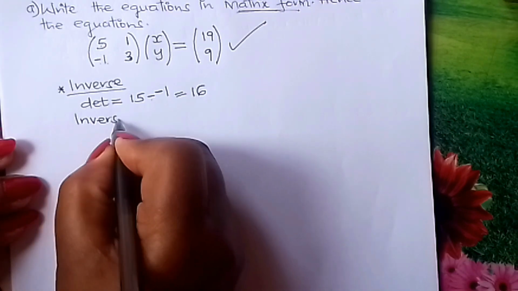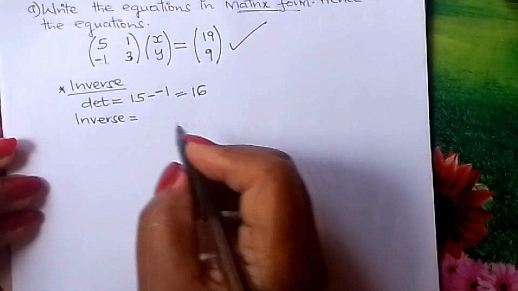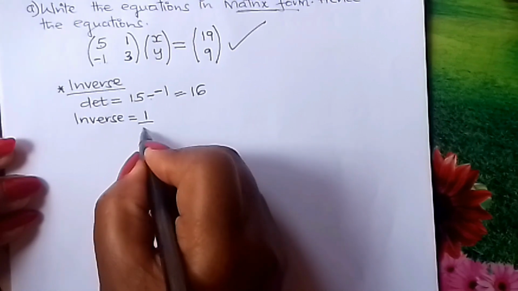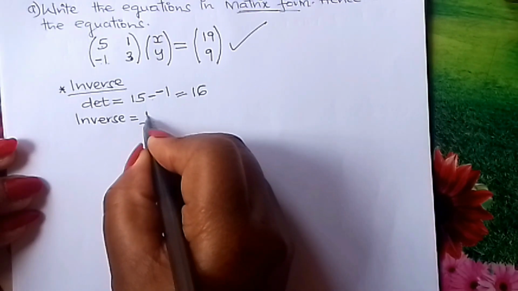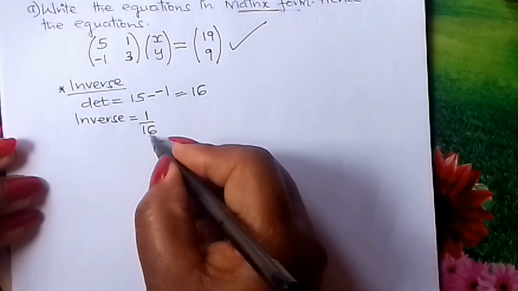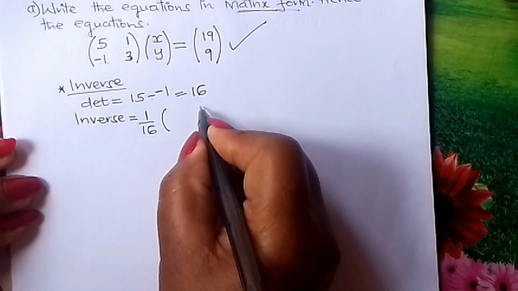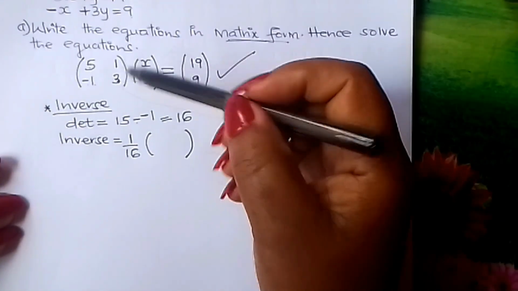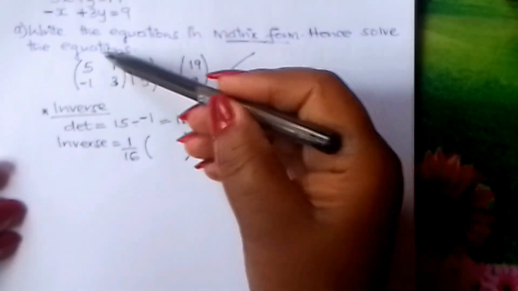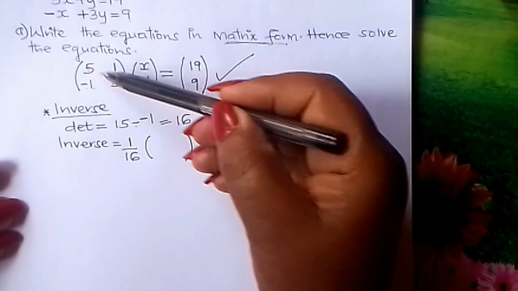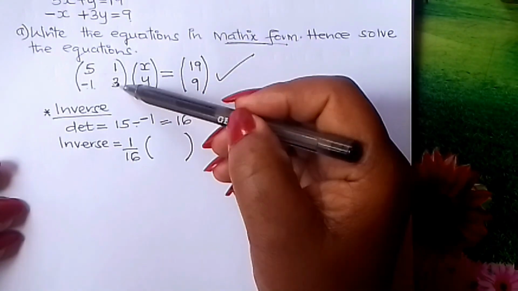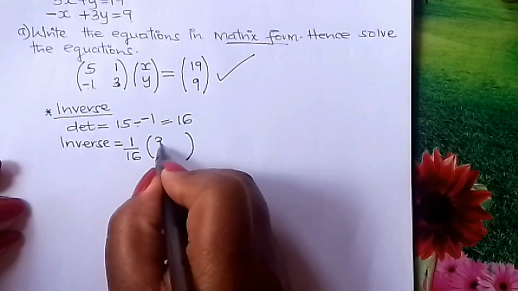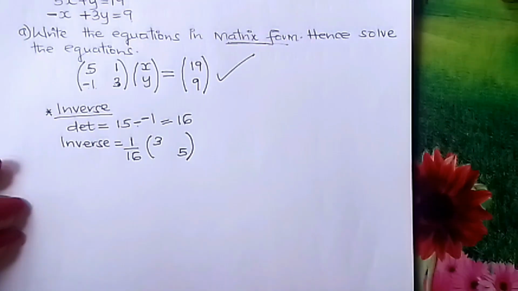The inverse will be 1 over 16. You introduce a new numerator, 1 over the determinant. Then you put a matrix here. Which matrix? You go back to your original matrix, learner. You exchange the elements in the leading diagonal. So 3 comes there and 5 comes there.